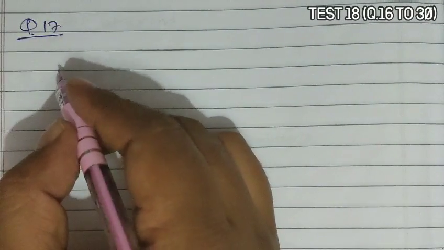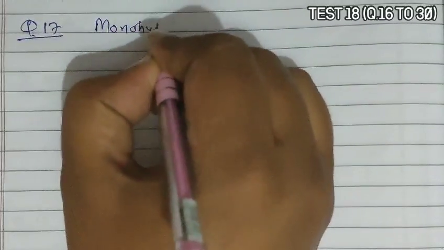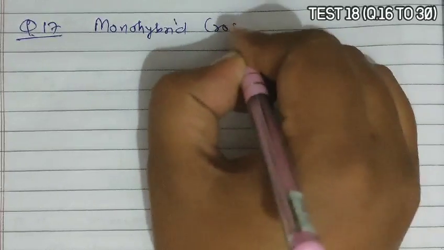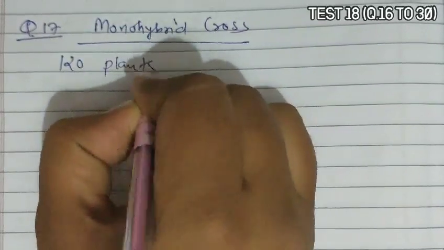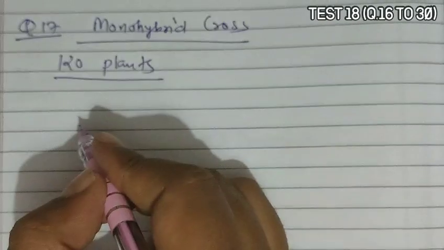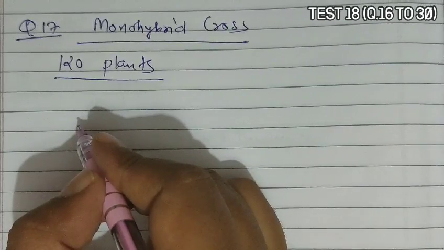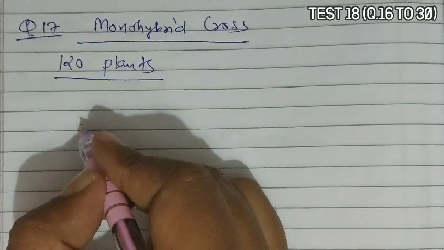Question 17 asks that in a monohybrid cross, 120 plants are obtained. Now the ratio of homozygous and heterozygous shall be what?